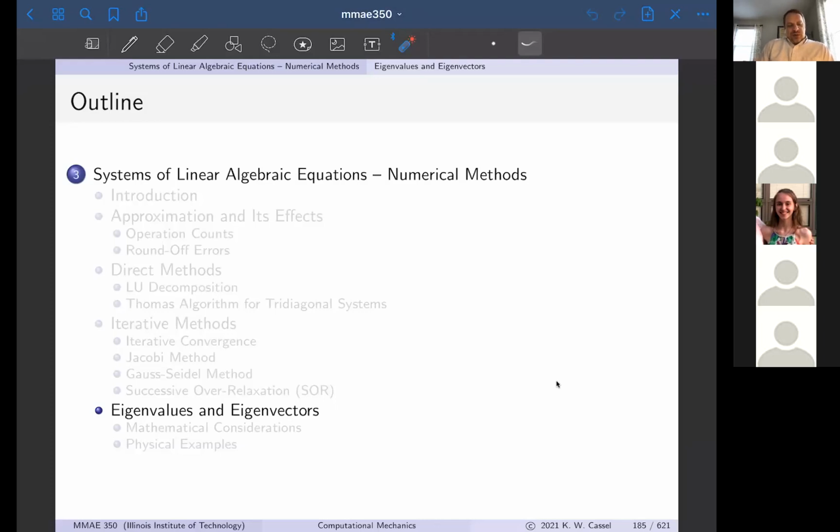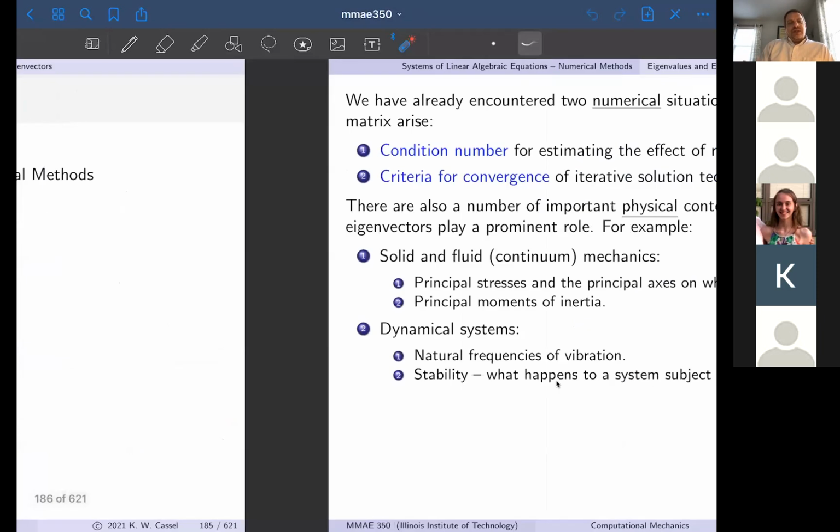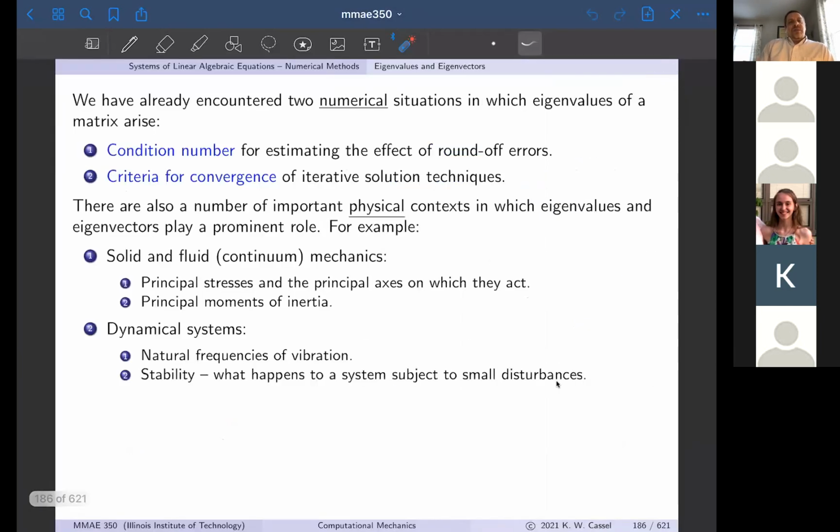We have one last topic we want to discuss in systems of linear algebraic equations. That's eigenvalues and eigenvectors. You've heard me mention these a couple of times already throughout the semester, so we need to solidify that a bit. The two places where we've mentioned eigenvalues of a matrix are the condition number and the convergence criteria. The condition number had to do with estimating round-off errors in, for example, doing the inverse of a matrix or Gauss elimination.